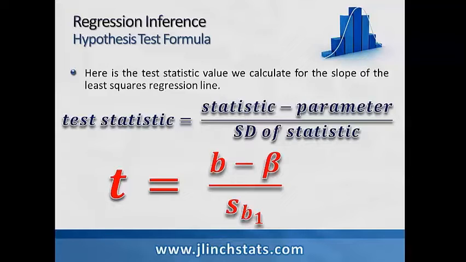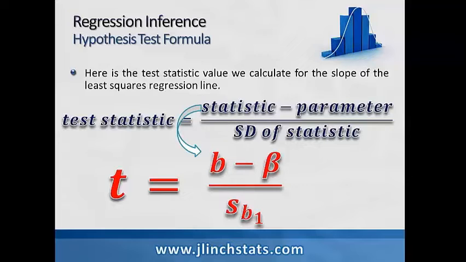So recall the very complex formula for S sub B sub 1. Our calculator will give us the t-test statistic value, and we can work backwards into the value of the standard deviation of our slope, S sub B sub 1. So by using this test statistic value formula, it's often helpful to calculate the standard deviation component. Once again, B represents the statistic we use to estimate the population parameter.